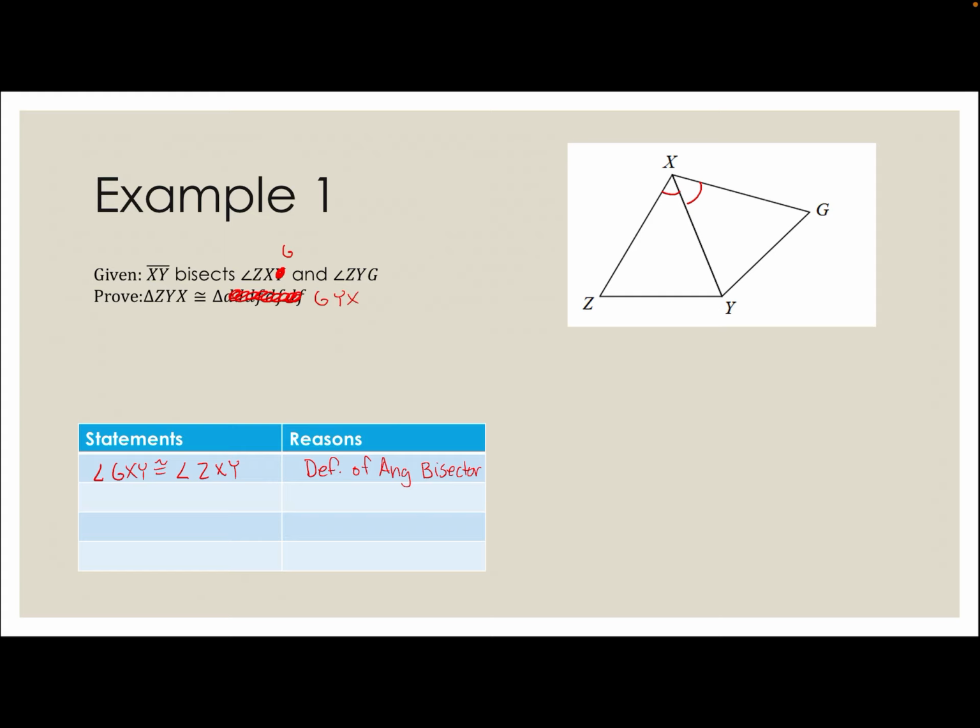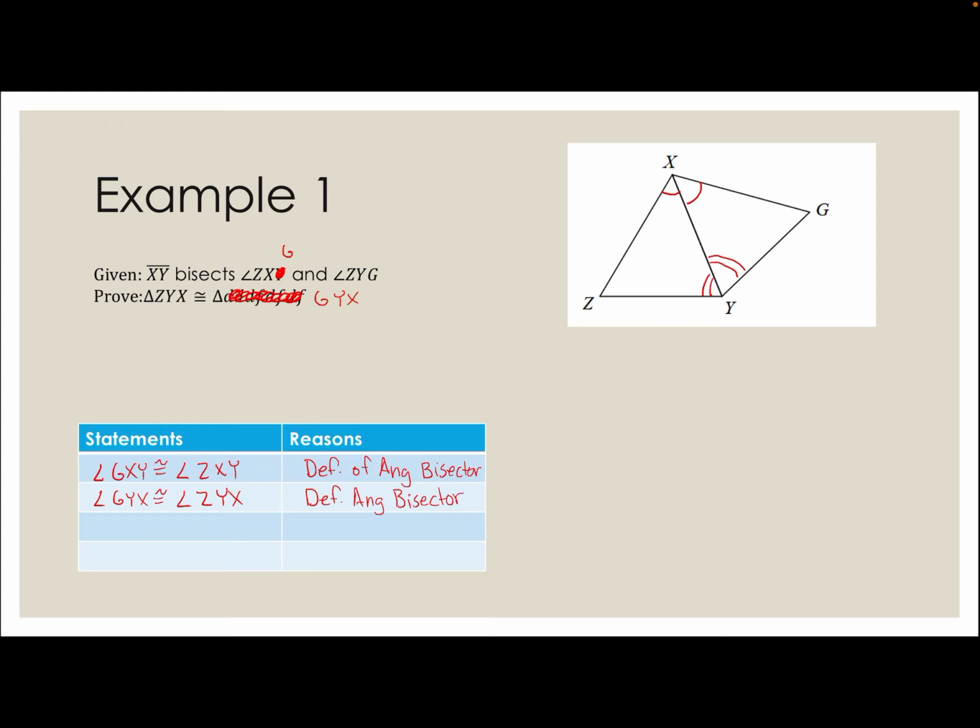The next thing we know is that XY bisects angle ZYG, which means that angle ZYX is congruent to angle GYX. So we know angle GYX is going to be congruent to angle ZYX. And the reason, again, is definition of angle bisector.